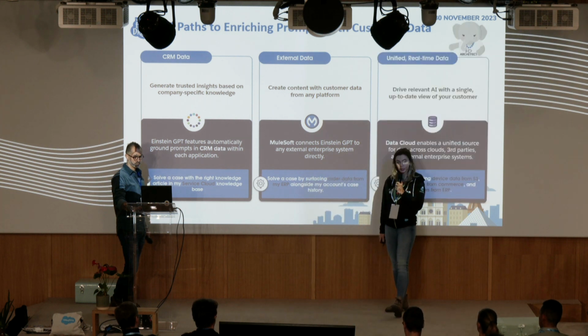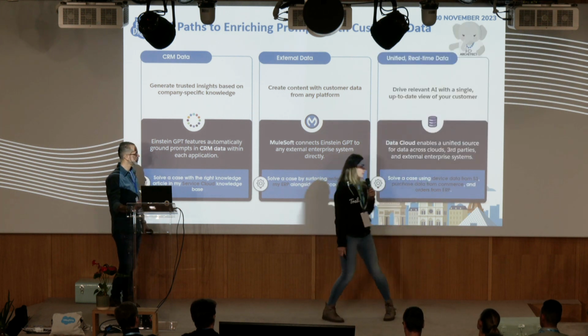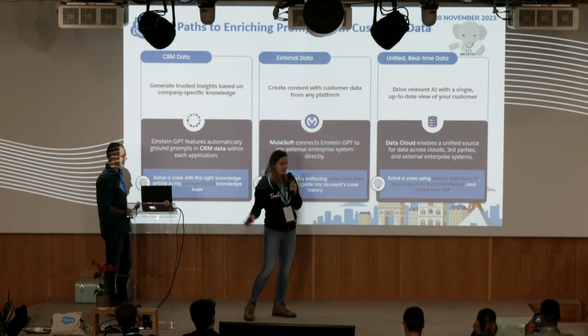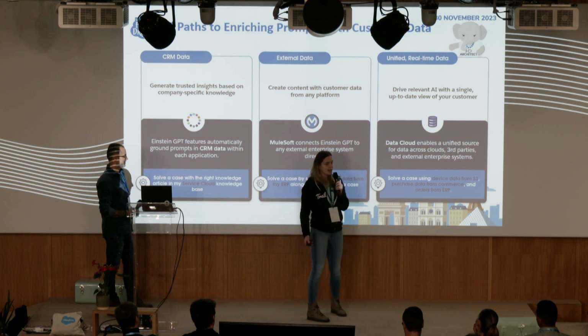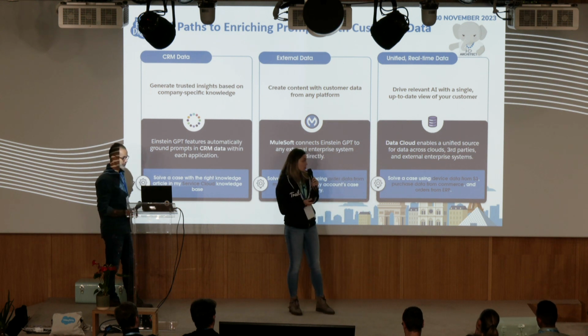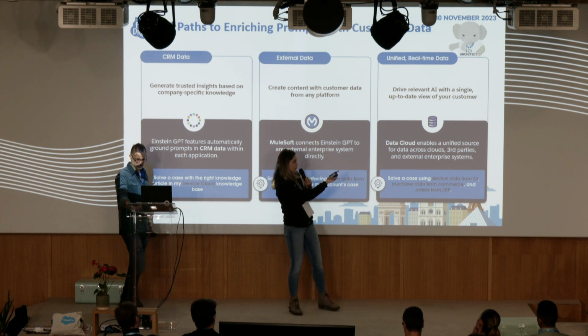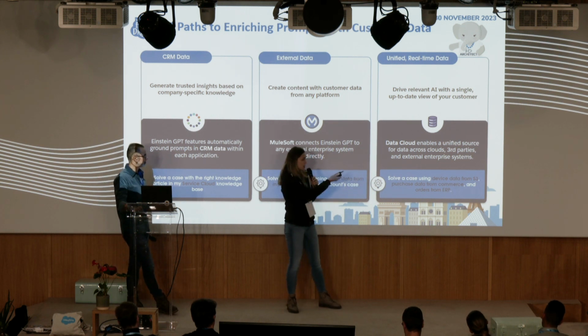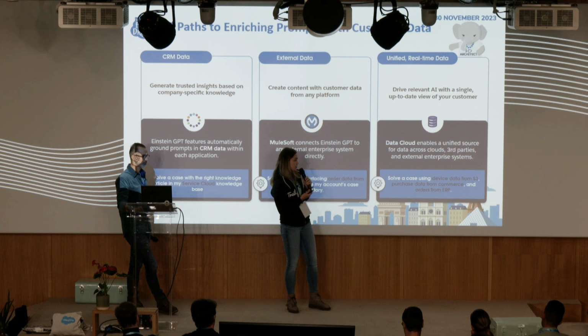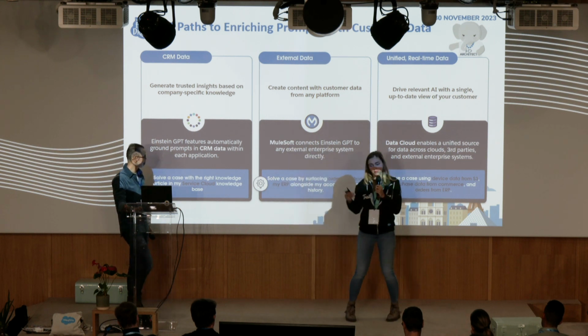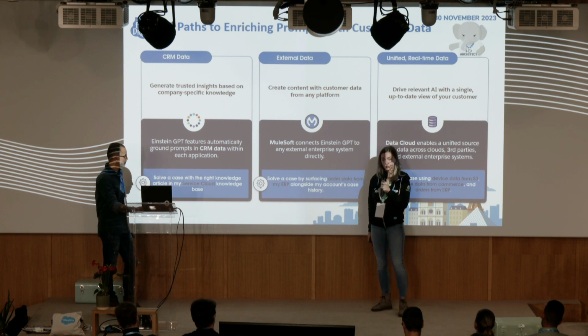And the last but not least is my favorite, Data Cloud, because Data Cloud is a data orchestration tool that connects many data sources. So again, you use the power of Data Cloud enablement, where data from commerce, data from purchase history can be used to, again, enrich the prompt with the available data and make a more precise response.